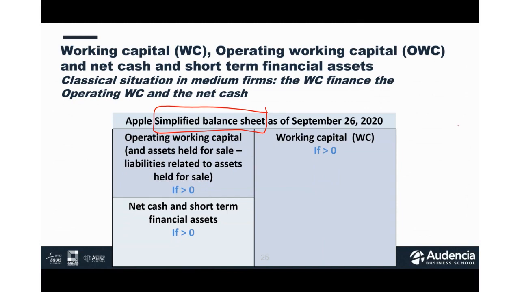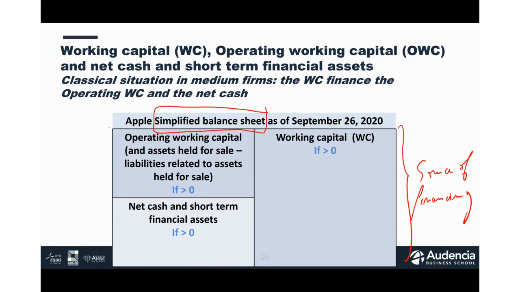If everything is positive, we have here the source of financing. So here we suppose we have an excess of long-term financing over the long-term needs. Thanks to this excess on the long term, we can finance short-term needs.